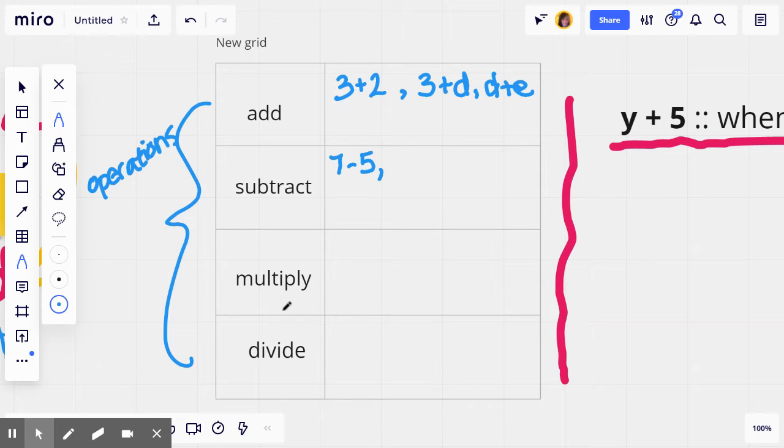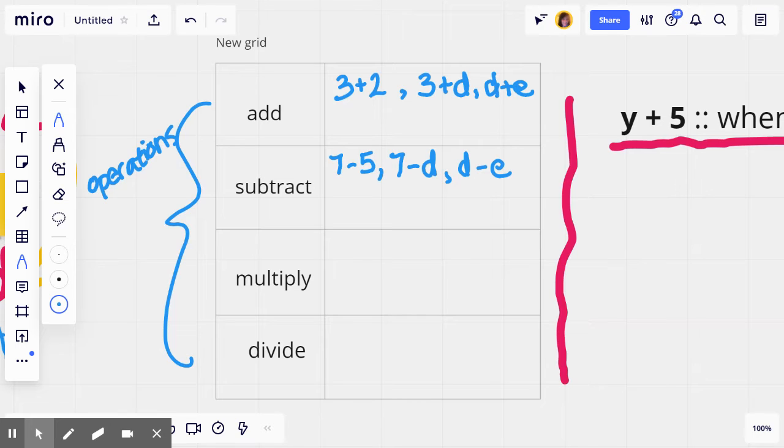If I have variables, I would say 7 minus D. I'll just keep using D. And if I am subtracting just variables, then I would say D minus E. So again, just like addition, if you don't see a minus sign, then you're not subtracting. If you see a minus sign, then subtracting is what you want to do. Okay, so those are pretty simple.